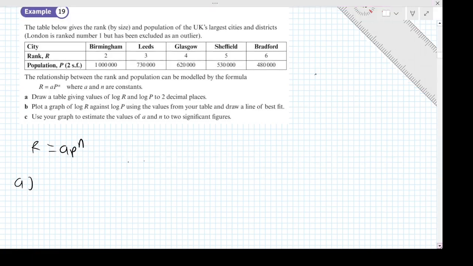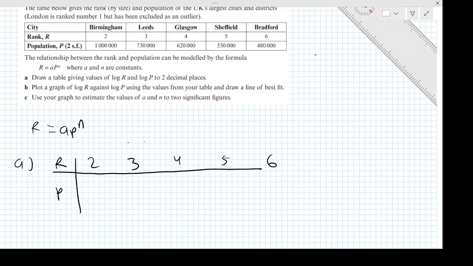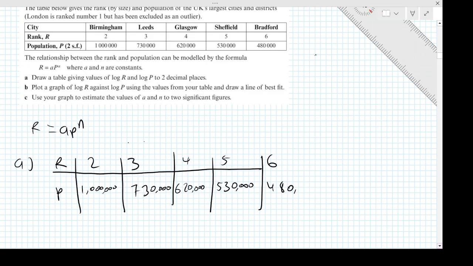If I roughly copy the values, R is 2, 3, 4, 5, 6, and then P is a million, then 730,000, then 620,000, then 530,000, and then 480,000.